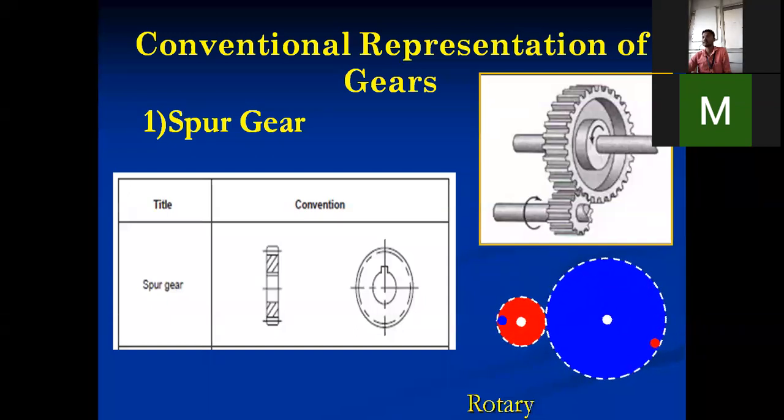It was expected that you might have heard these names in basic mechanical engineering somewhere. If not, no issue. From today, you should remember these names. Coming back to the first, spur gear. Let me check whether you were aware about this or not.